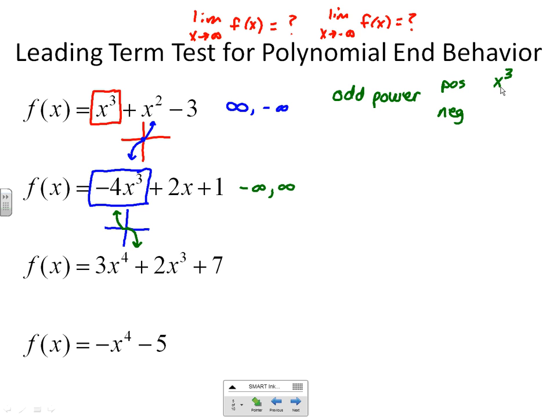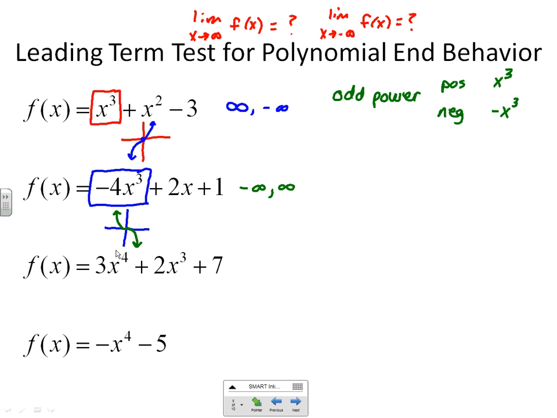Even if it's x to the 5th or x to the 7th or x to the 21st, the end behavior, which is all we are talking about here, will be the same as the x cubed graph, that I'm falling to the left, I'm rising to the right. If it's negative, it's the opposite and it looks like negative x cubed. Okay, that's the rule for odd powers. If I have a positive or if I have a negative, that's what my graph is doing.